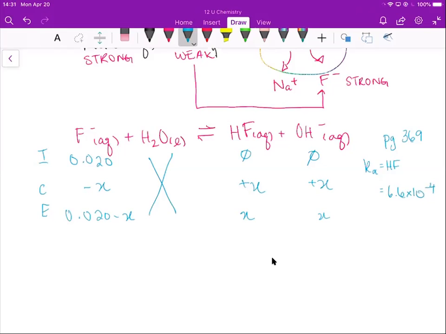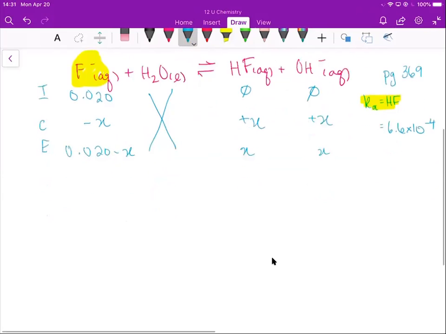Thank you. Since what is acting here is not hydrogen fluoride, this number is not useful to me. What I have to do is find the Kb, which is going to be Kw divided by Ka.